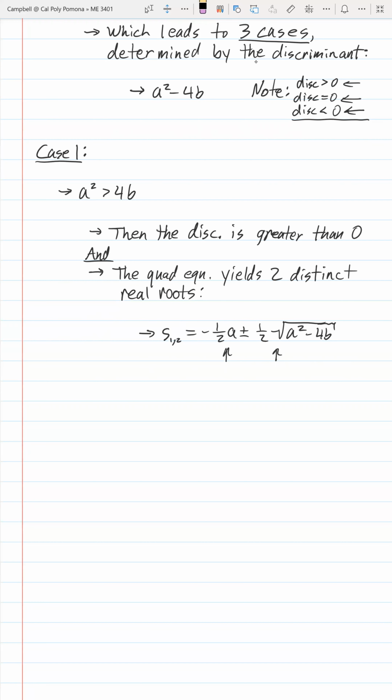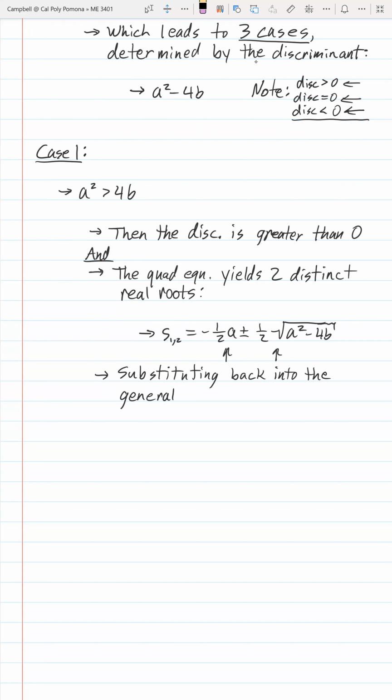So now let's go ahead. Now remember, both of these are roots of the characteristic equation. And so these are values that will solve or help us solve the differential equation.